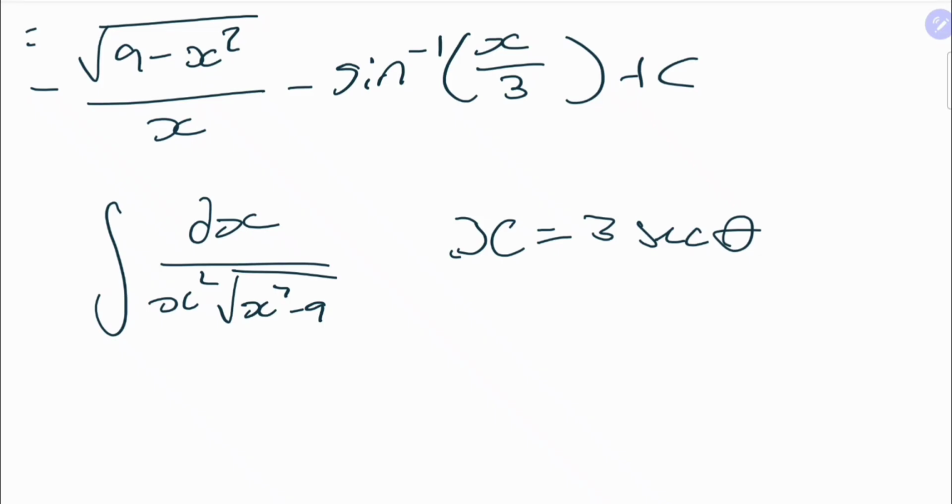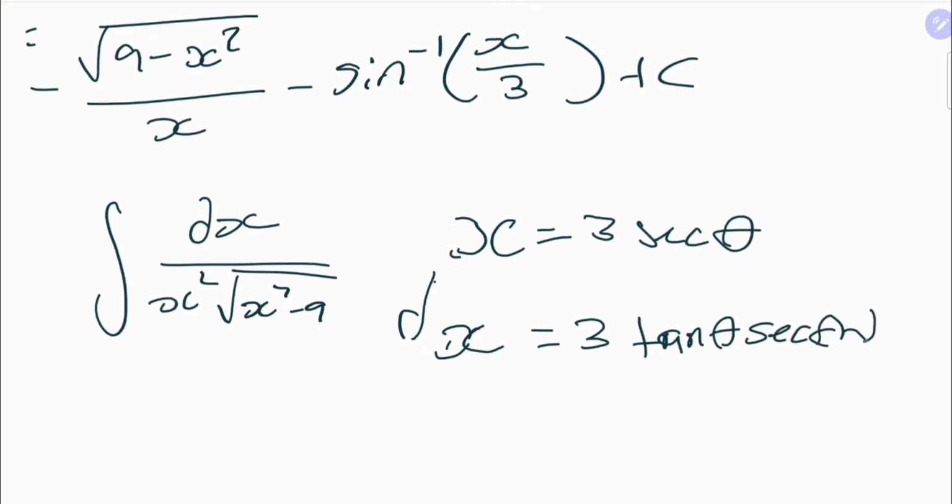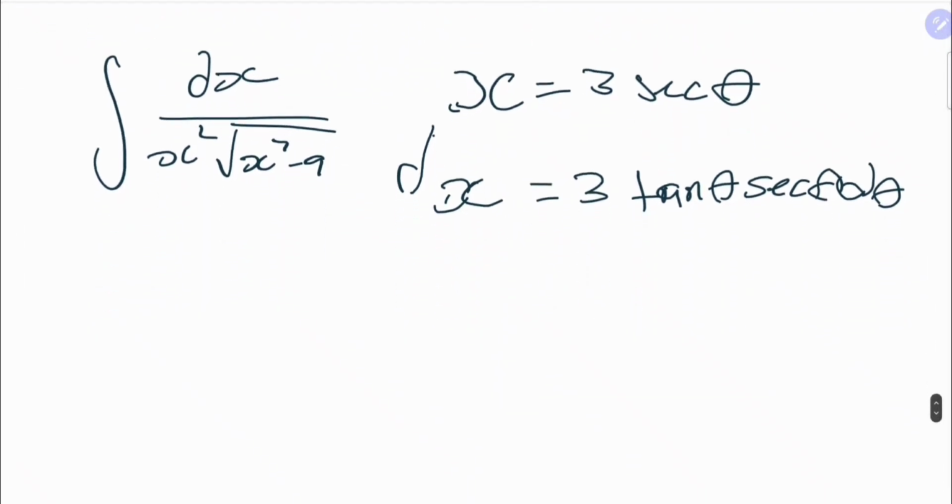That means that the derivative dx equals 3, and then the derivative of secant is tan theta secant theta d theta. So let us sub these in.